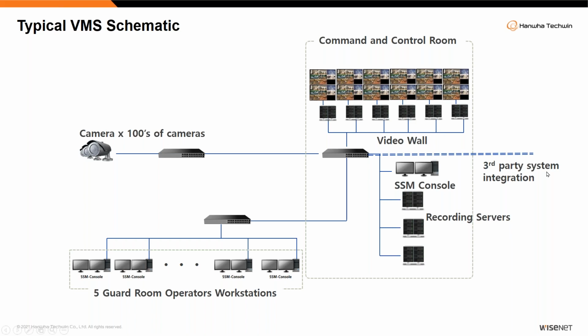Each recording server can handle around 300 cameras, let's say. It will manage where each is stored, in which hard disk, and on what basis it is recorded: continuous recording, recording on motion, or recording on event. That kind of management is done individually by the recording server.